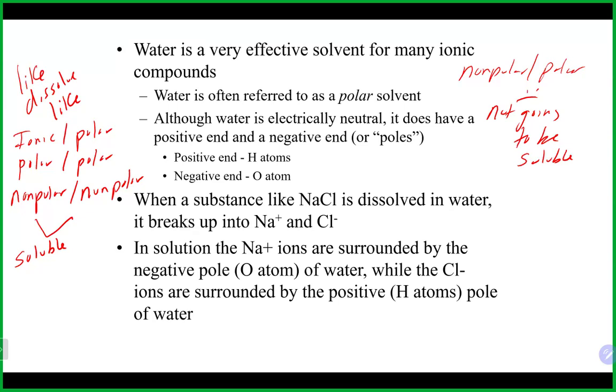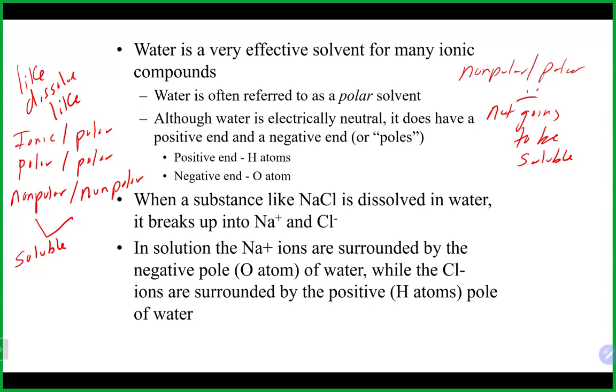Salad dressing is kind of oil and vinegar. If you ever mixed it up, it mixes for a bit, but over a long period of time, if you leave your salad dressing sitting there, everything will separate out. That's because oil is nonpolar and vinegar is really polar. So over a long period of time, they can't sustain that interaction, so they separate out from each other. And that's typically what we see.